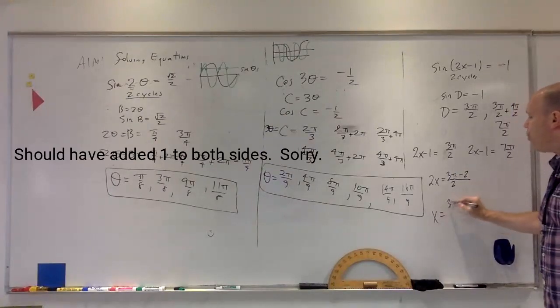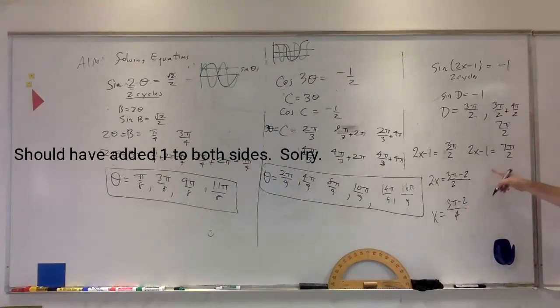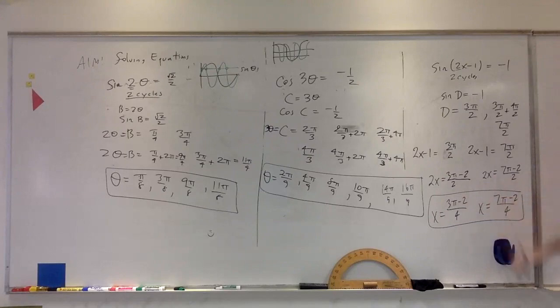So we have x equals 3 pi plus 2 over 4. What's going on over here? 2x equals 7 pi plus 2 over 2. Final answer, x equals 7 pi plus 2 over 4. These are the 2 solutions.